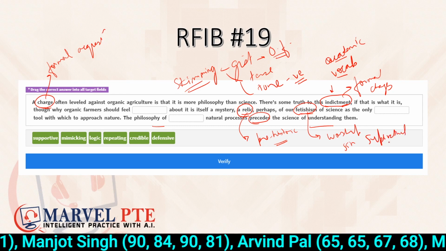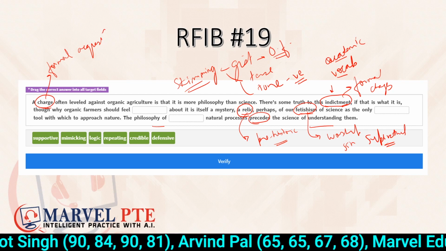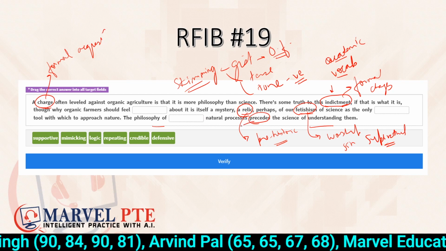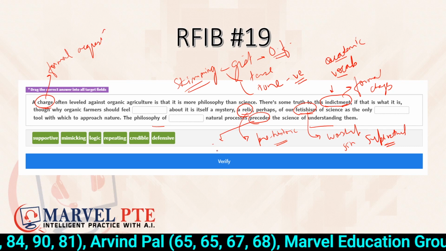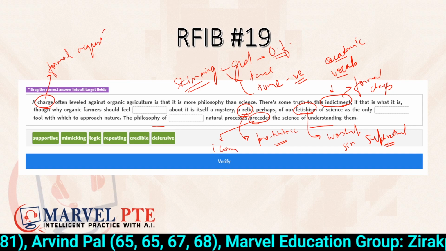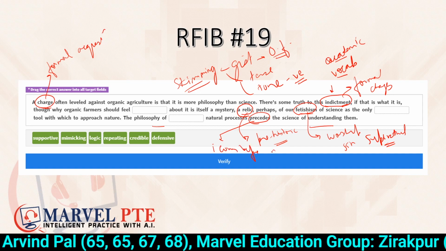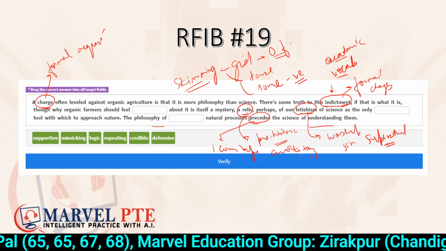So science has some supernatural powers, you may consider it like this. Over here we are talking about the worship of science. And precedes. Precedes means when something comes before, with reference to time. So one thing comes before another thing. Okay, so I hope now you know the tough vocab.